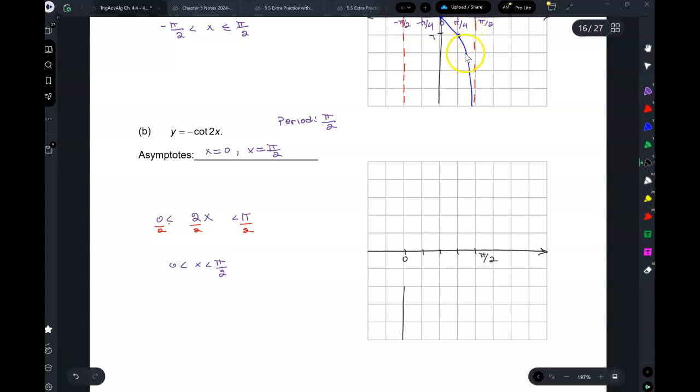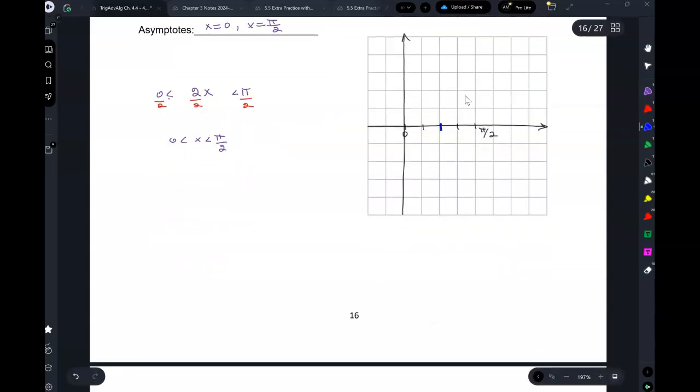Y-axis goes at the 0. Okay, look at this blue point, smack in the middle of 0 and pi over 2. That's pi over 4. Is everybody okay with how to find that point? This one is halfway between 0 and pi over 4.